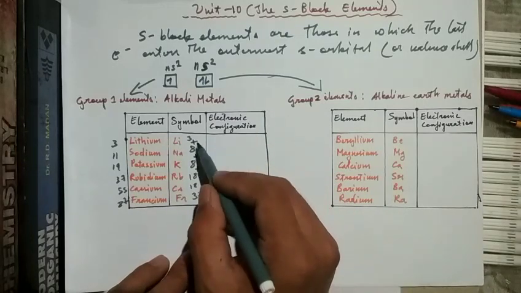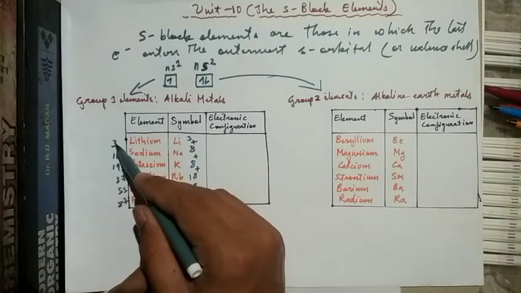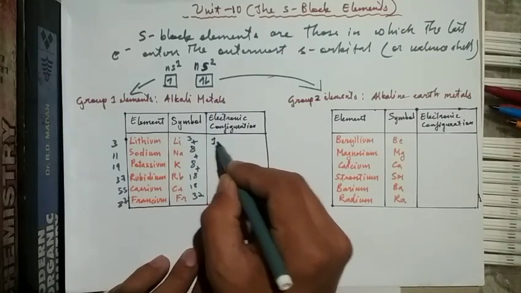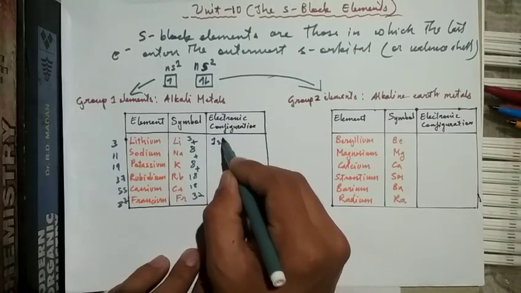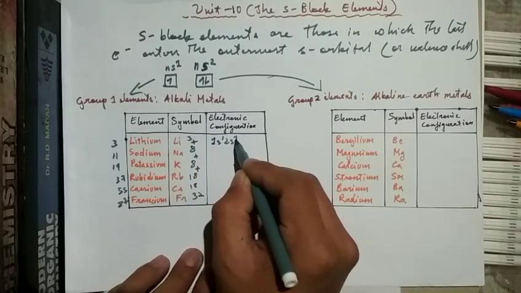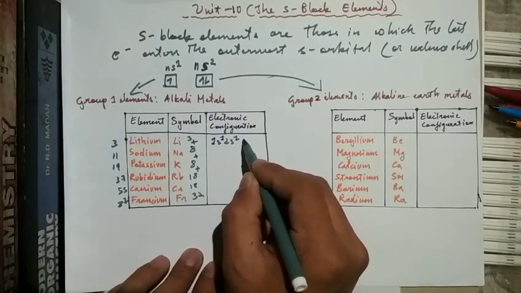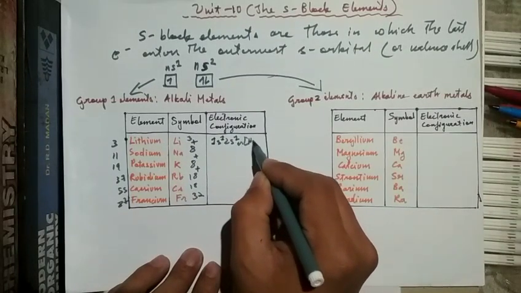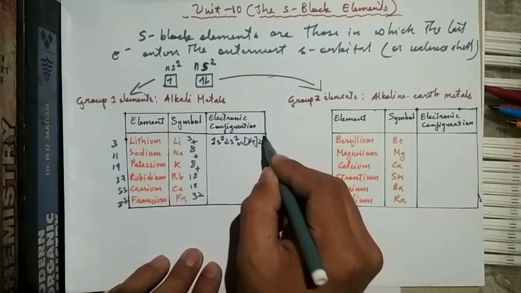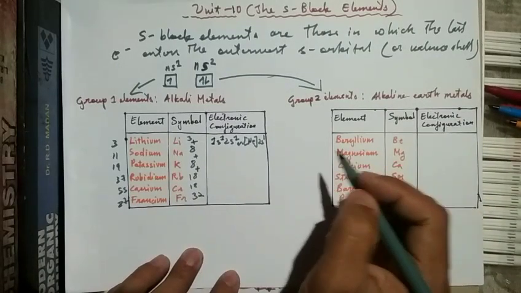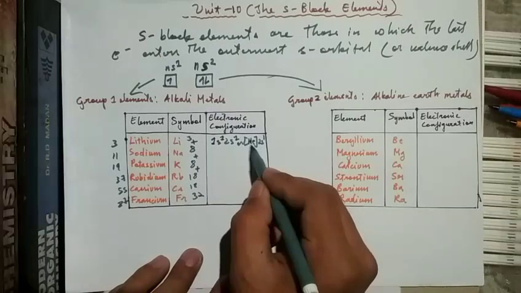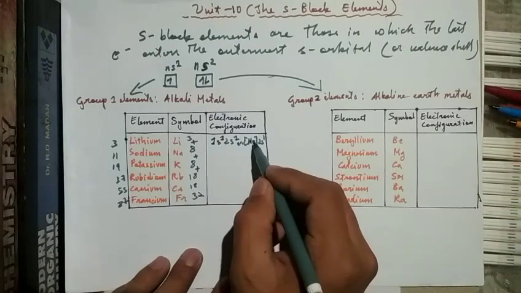Now let's see the electronic configurations. For atomic number 3, the electronic configuration, as we have discussed before, will be 1s2 2s1, or we can write it in shortcut form, helium 2s1. So we are bringing in the noble gas configuration here.